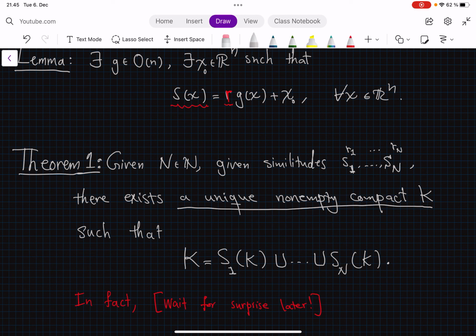That means if we map K under each of these similitudes, and then we take the union, we recover back our original set K. Of course, the four-corner example that we just saw is with n equal 4, and each one was a similitude by factor 1 over 4.